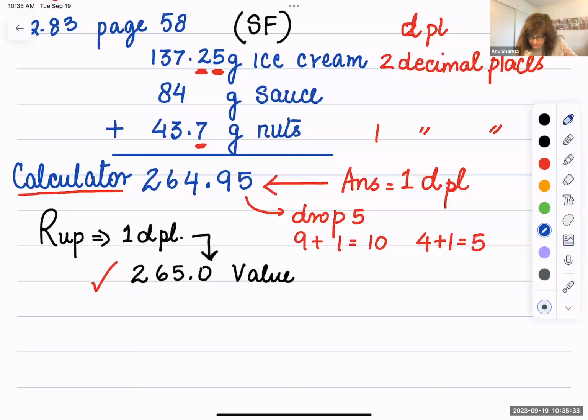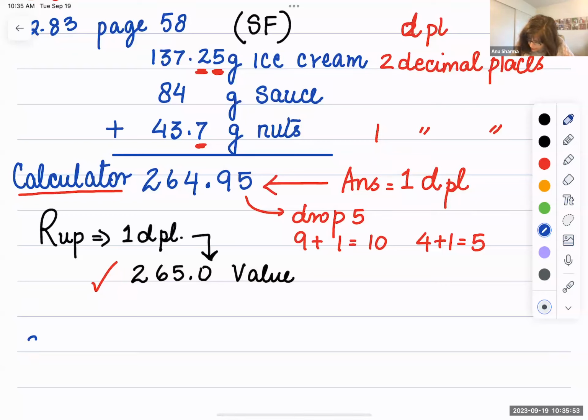I don't see them here. Let's get them from the book. Multiplication. Here. Okay, let's do this problem.